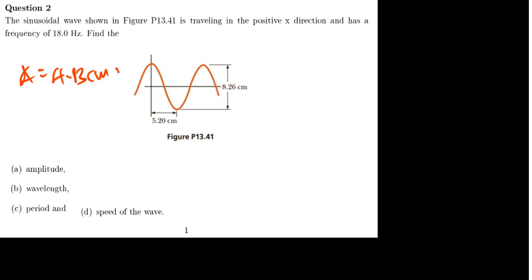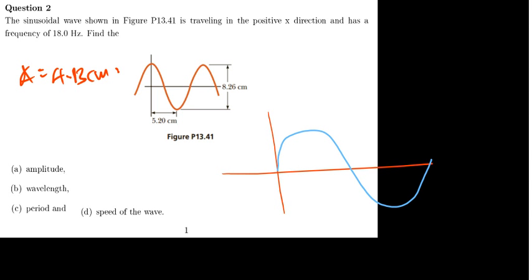So for wavelength, let me draw it here. From this point all the way to this point, that is our wavelength, our lambda.